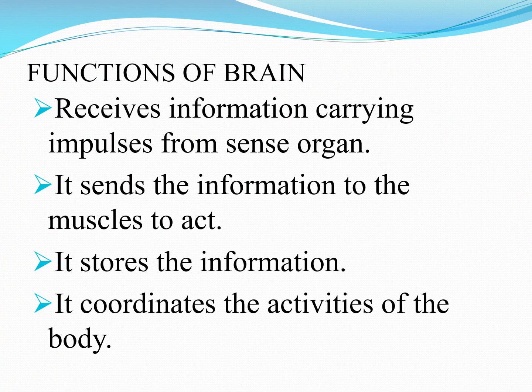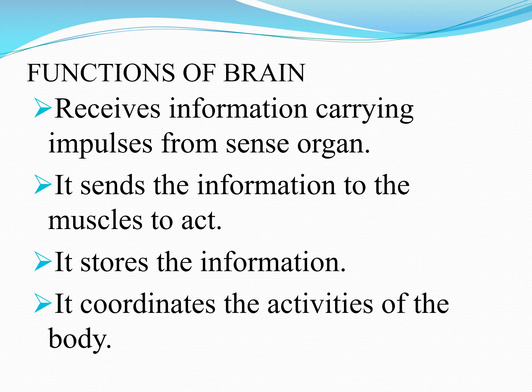Functions of the brain. First, it receives the information, then sends the information, stores the information, and also coordinates the activities of the body. Yes, in the live class we already saw about the brain, 1600 grams or 1.6 kilograms.